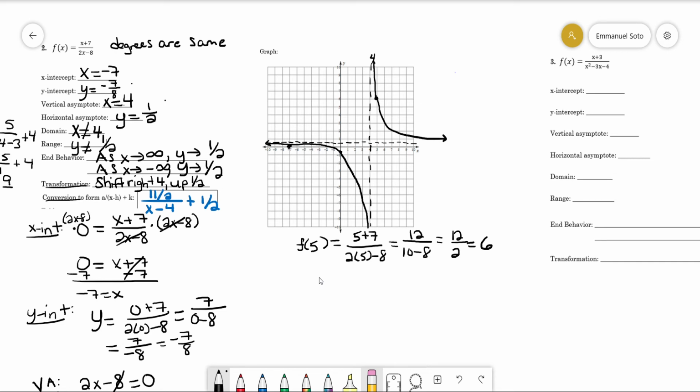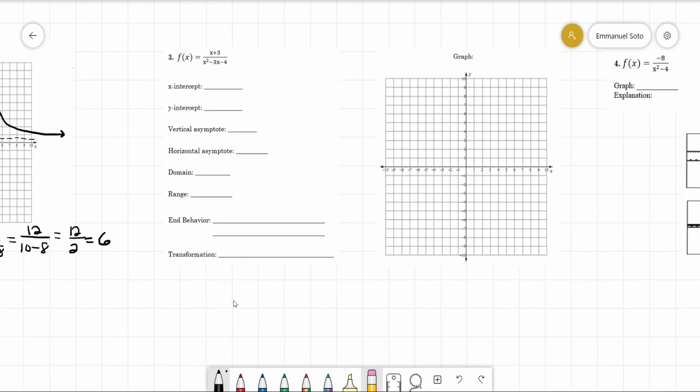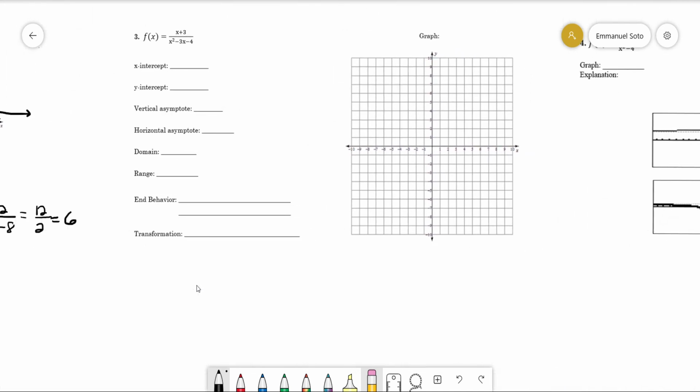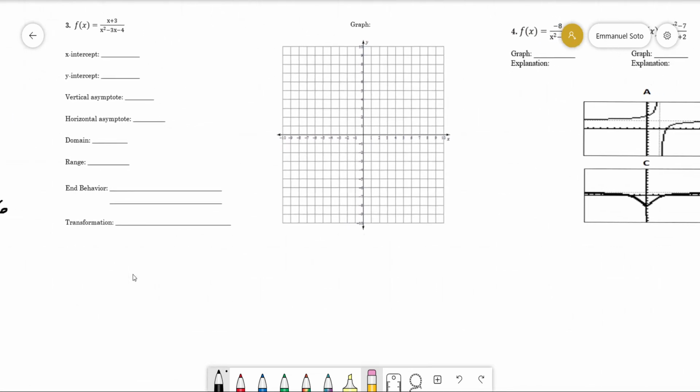And there's our graph. So now we're going to do number 3. We're going to do the same thing, find the x-intercept first. So x-intercept, set y to 0.